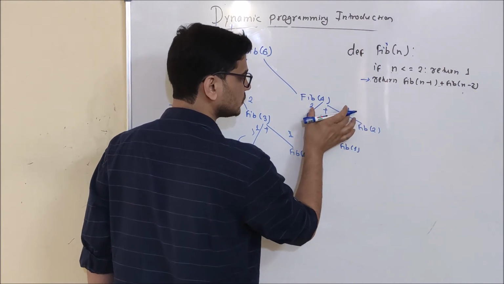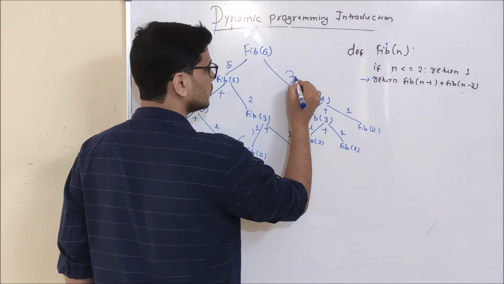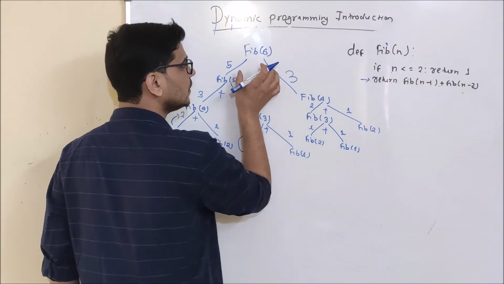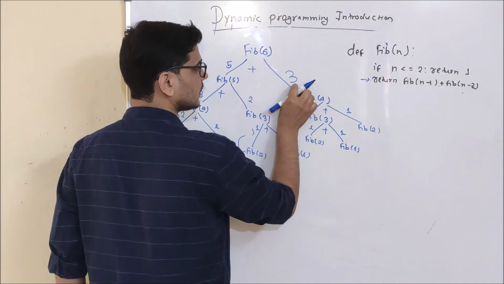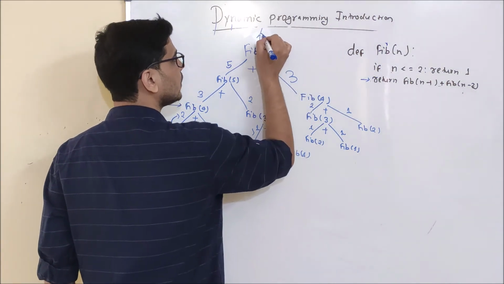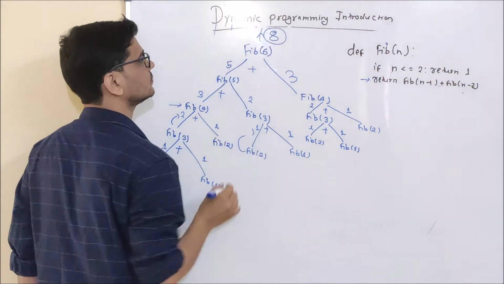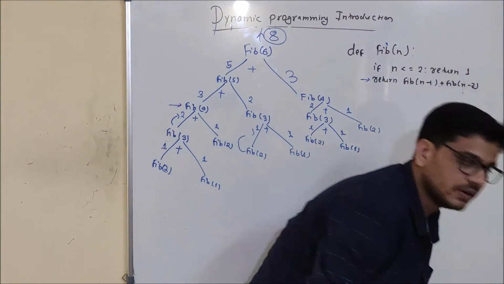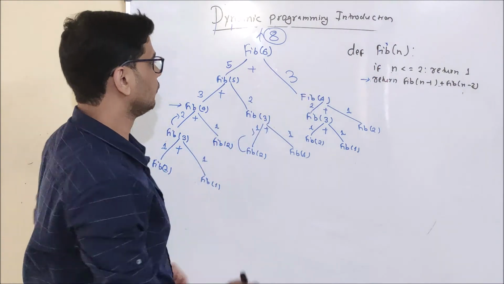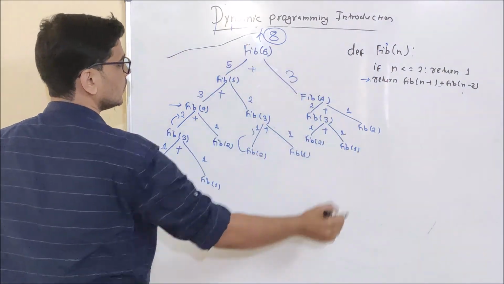Eventually fib of 4 will sum these two and return 3 to fib of 6. Now fib of 6 has the left part answer and the right part answer. Then fib of 6 will sum it up and return 8. Okay, so this is how this particular function will execute in memory.